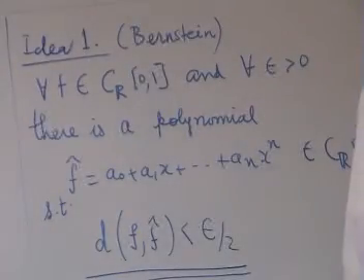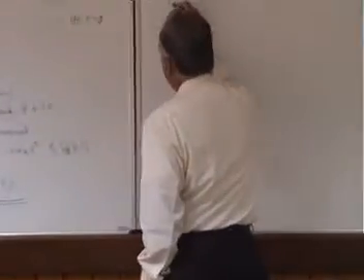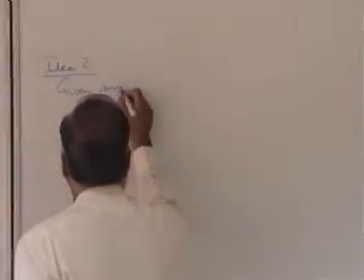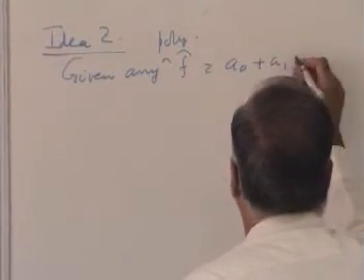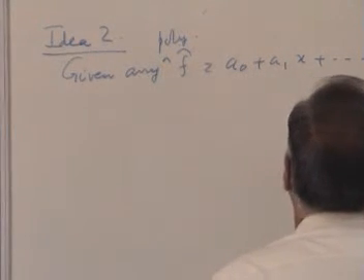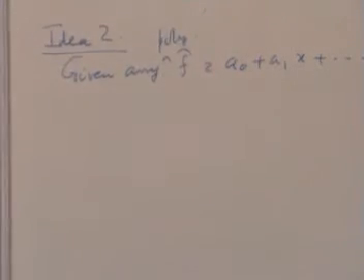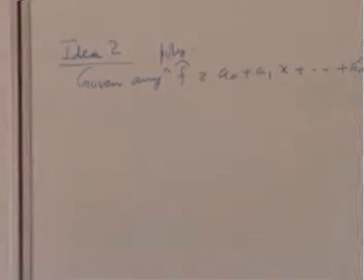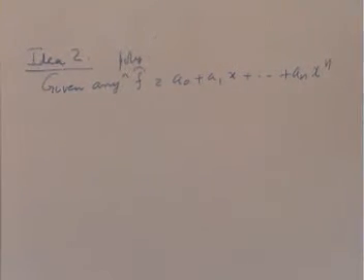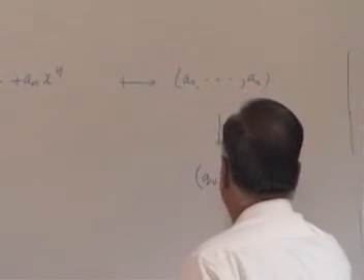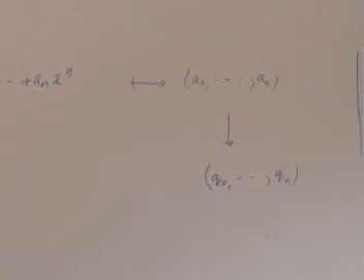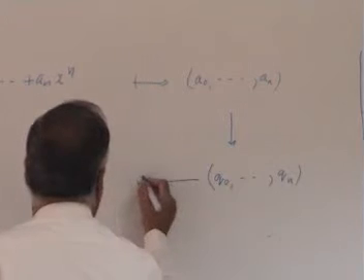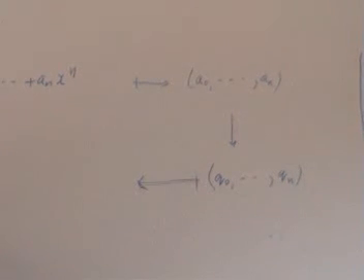Next, even for any f that is a polynomial, this is easy because this is a polynomial, it can be identified with an n-component vector. Now this n-component vector can be approximated, even in the maximum coordinate difference, by a rational vector, and then you construct the corresponding polynomial.